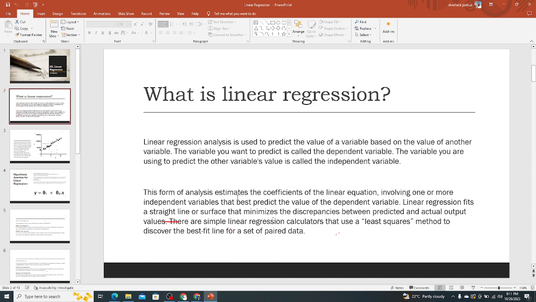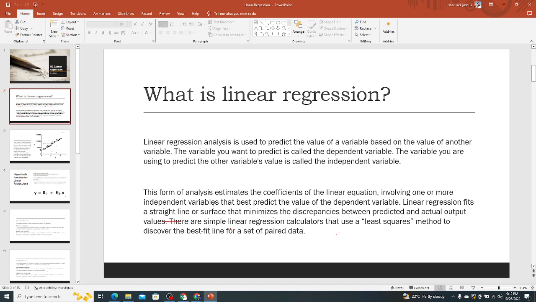This form of analysis estimates the coefficients of a linear equation involving one or more independent variables that best predict the value of the dependent variable. Linear regression fits a straight line or a surface that minimizes the discrepancies between the predicted and the actual output values.